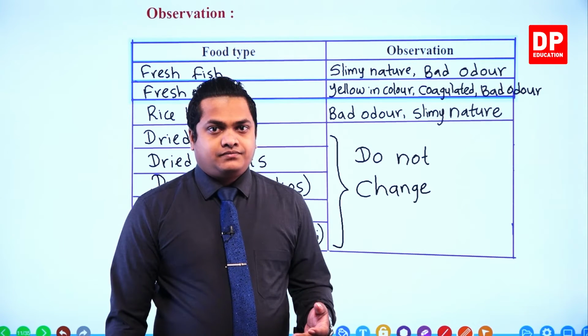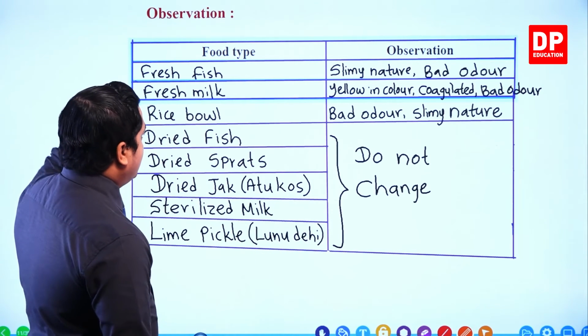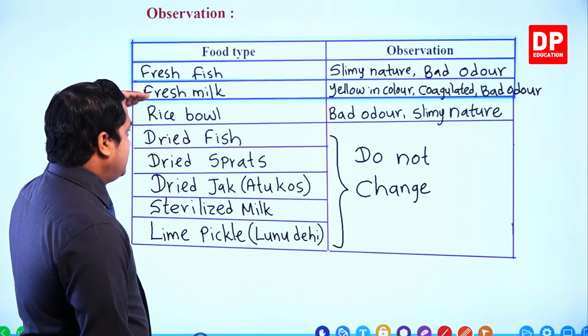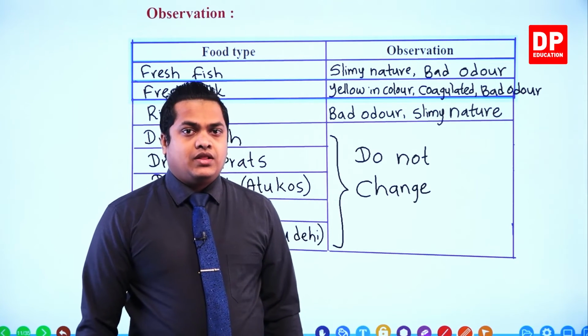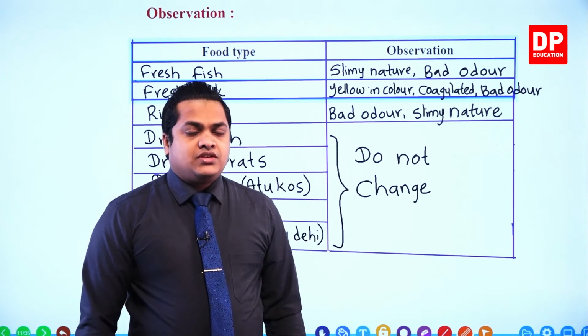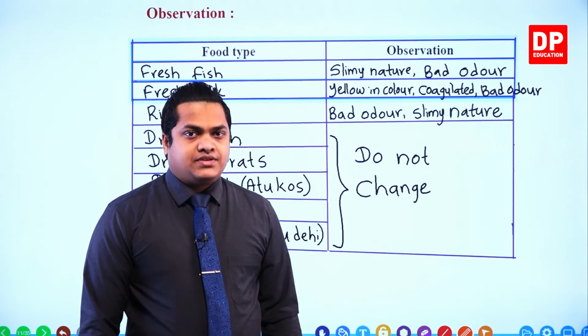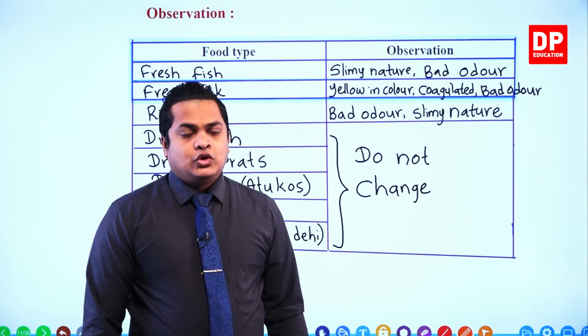Okay, preserved food. Then fresh fish, fresh milk, rice bowl, these things. If you want, you can take several fruits for this as well. Those things, my dear children, haven't been preserved. Because of that, those materials spoil very quickly.